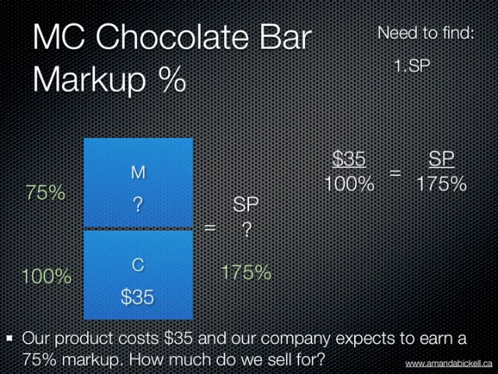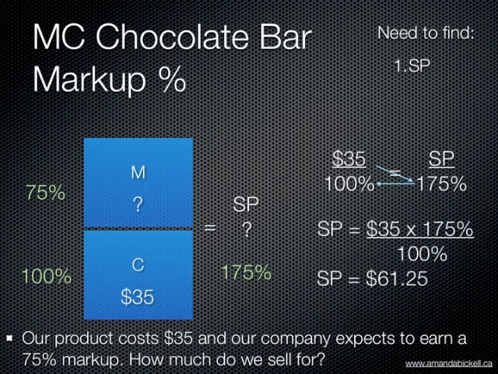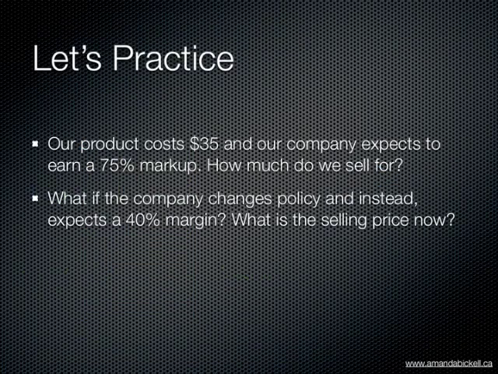We can say that $35 is to 100% as the selling price is to 175%. We can then cross multiply and divide, and we end up with this. The selling price is equal to the $35 times 175% divided by 100. So we end up with a selling price of $61.25. It's a lot simpler, from my perspective anyways.